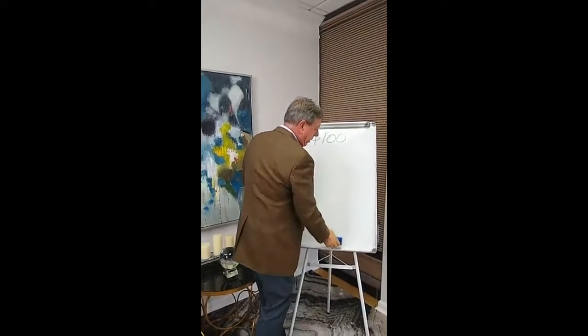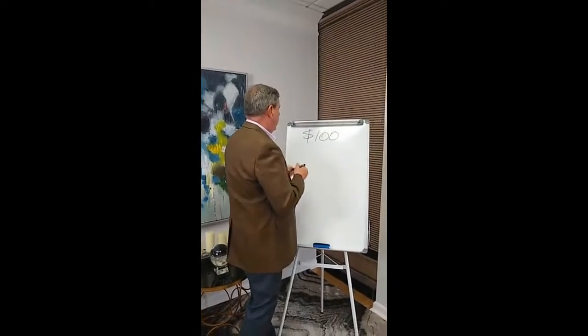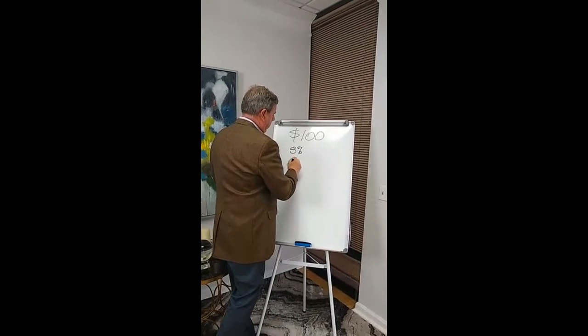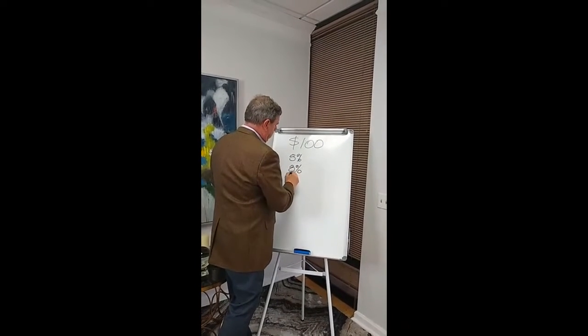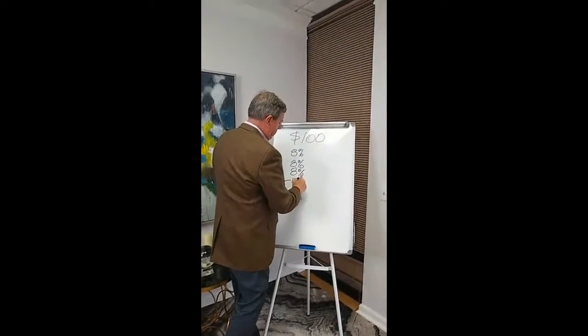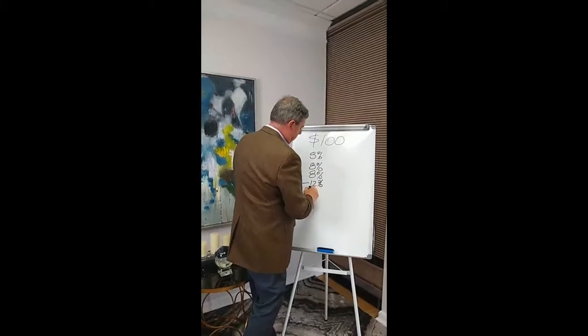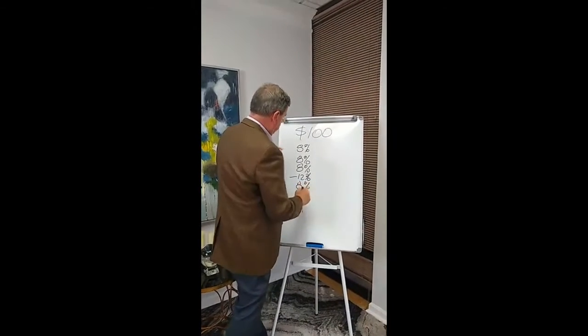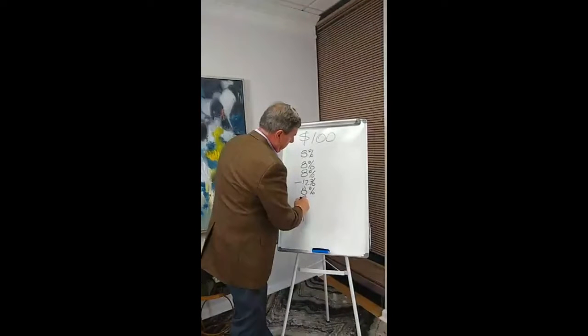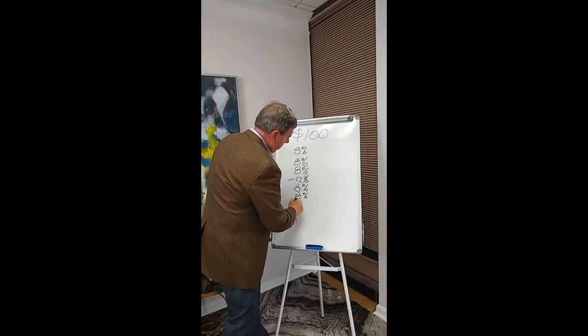Again, say you have $100 and you make 8%, and then you make 8% again, and then you make 8% again, and then you lose 12. Make 8 again. Make 8 again.